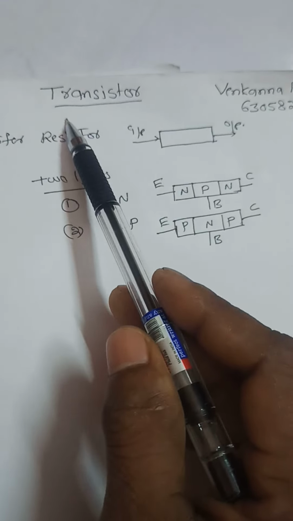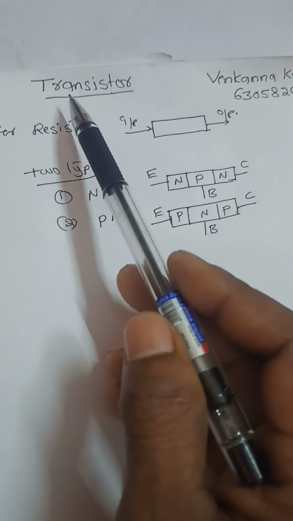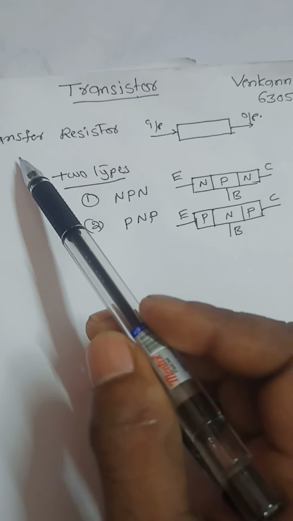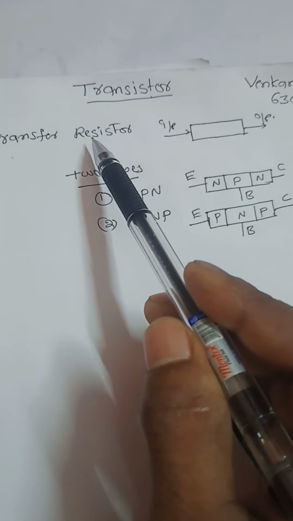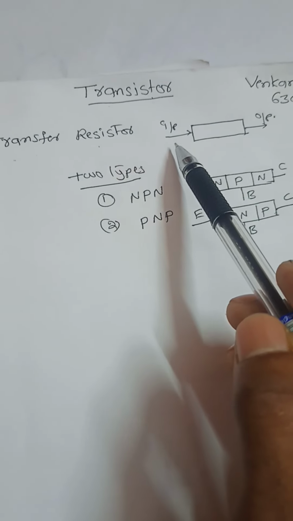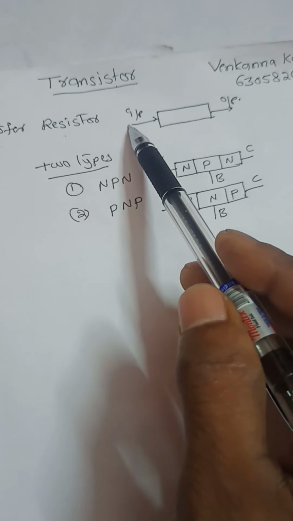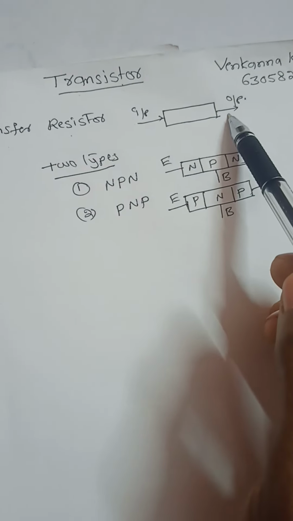Today, I want to discuss the topic transistors. Transistor means transfer resistor. That is, if it is a transistor, this is the input port and this is the output port.